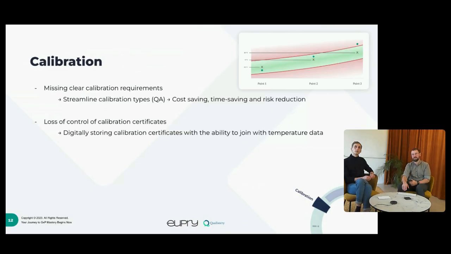We would always promote digital storage of those certificates, and a way for them to be readily available where you have your temperature measurements, so that in an audit you are always ready to provide both measurements and calibration certificates. And there are many cases in which it's useful to review the calibration certificates in terms of the deviation, so that you can analyze temperature non-compliance much more efficiently.